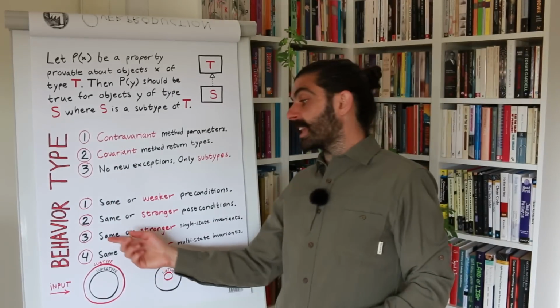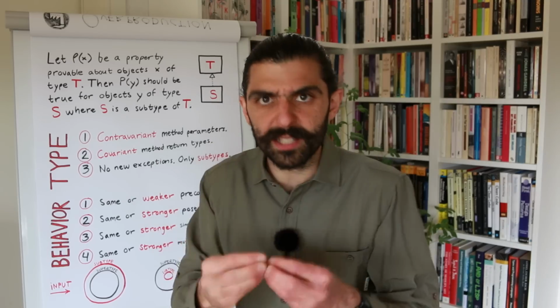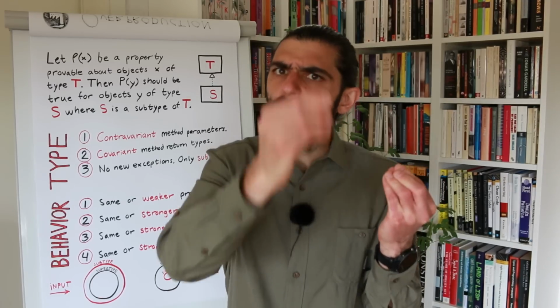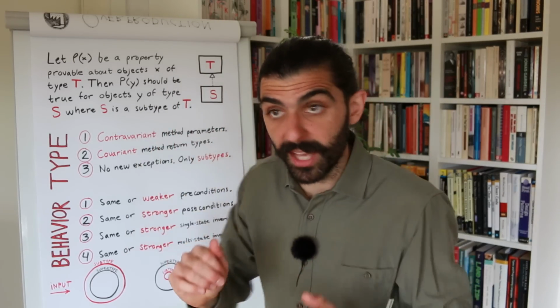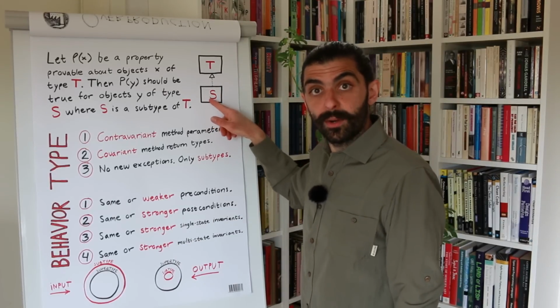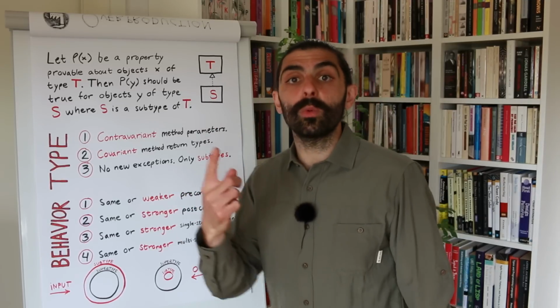So for multi-state invariants, it's the same thing. Say that we're building a list that grows on its own. We might express that the length in the new state is always greater than the length in the old state. In the subtype then, we could strengthen this requirement by saying, for example, that the length in the new state is always longer by 1 or 2.